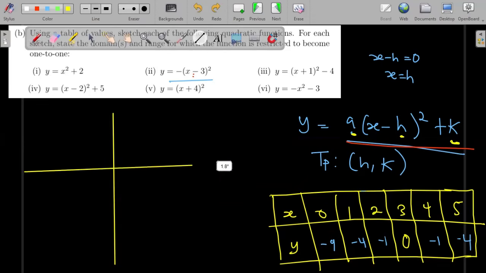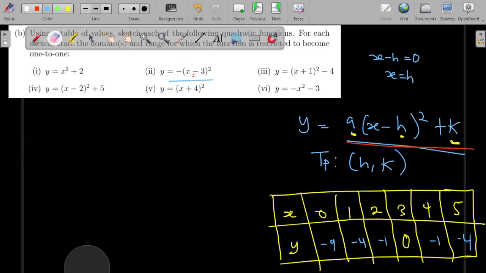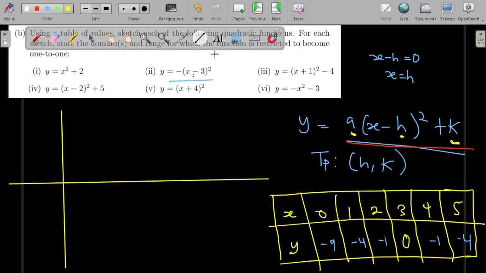So I'm going to put it there. This is my Y, and this is my X. I can only see positive X values, so maybe let me draw it like this. This will be better, I think.